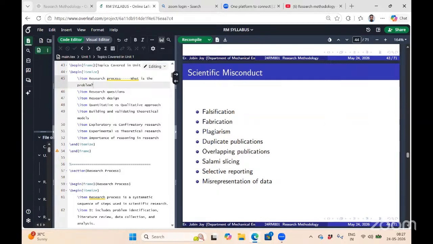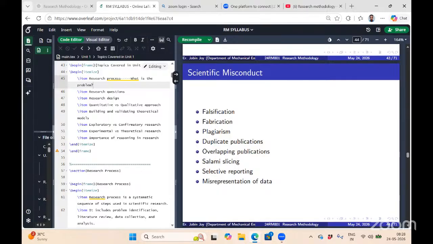Fabrication means creating artificial data, that means the data is not available, and then presenting results based on that artificial data. For example, without conducting an experiment, writing fake readings is an example of fabrication because no experiment was conducted.